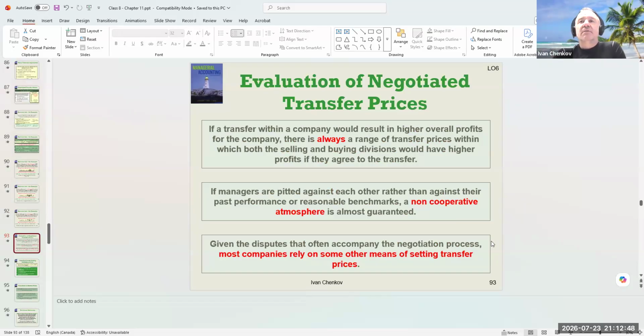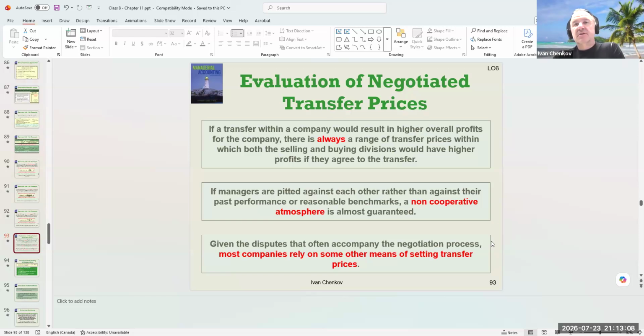Evaluation of negotiating transfer pricing: obviously, it will be beneficial if the managers can sit down and negotiate the transfer price. But if the managers are pitted against each other, then there will be no cooperation between them.